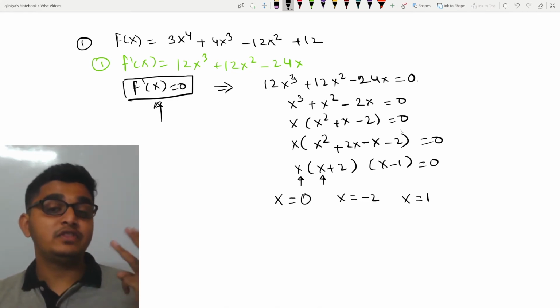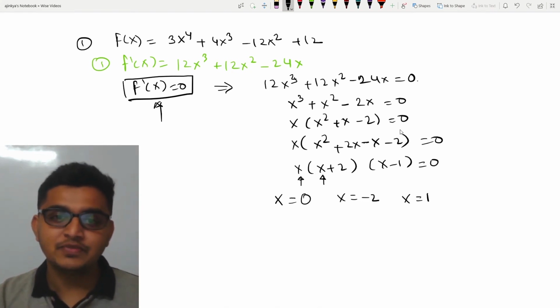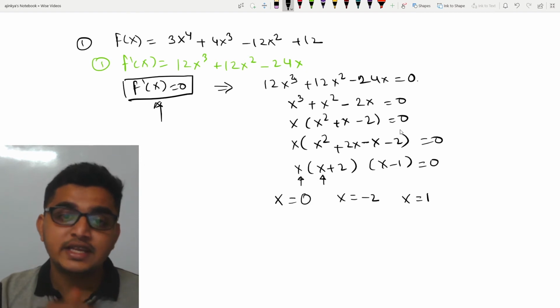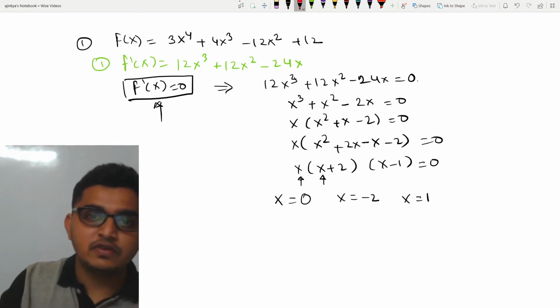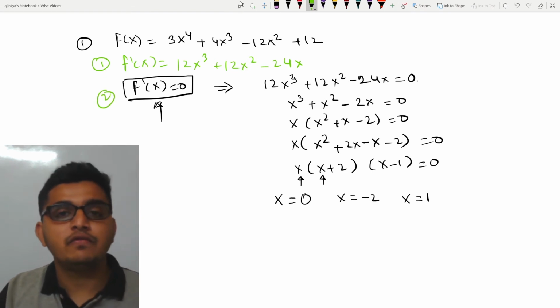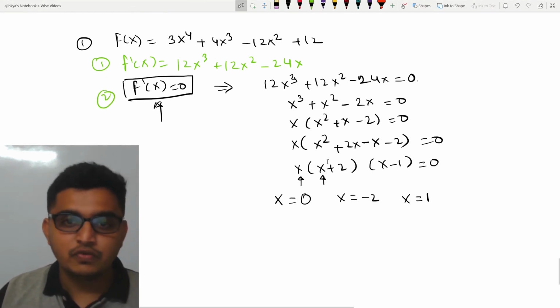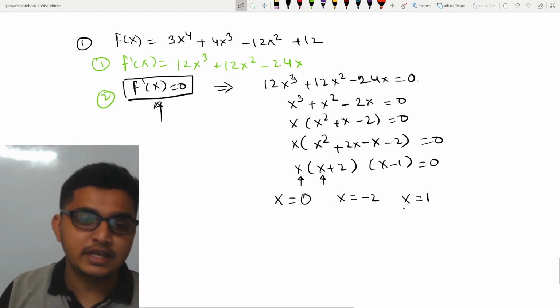So now we have 3 turning points, and now we have to check with the second derivative test. So first step was this, second step was this, and now we have to go to the third step. We have 3 points, 0, minus 2 and 1, and now we have to check the second derivative.